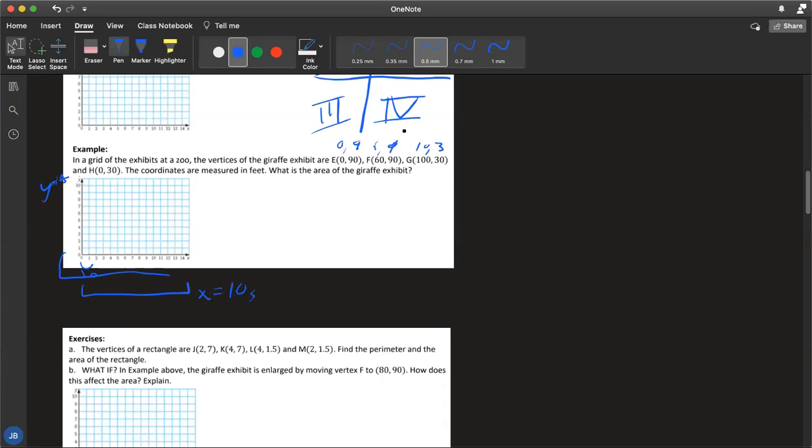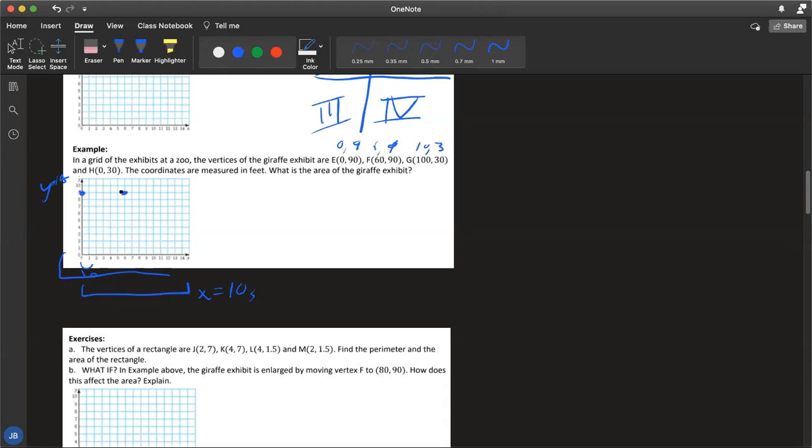Would you like to, let's see, so (0, 90). So 0, and then 90 here, correct? Yes. Okay, so we go 0 and 9, or 0, 90. And then (60, 90). So is that 6 on the X, 9, and then up right here. Does that look good? Yeah.